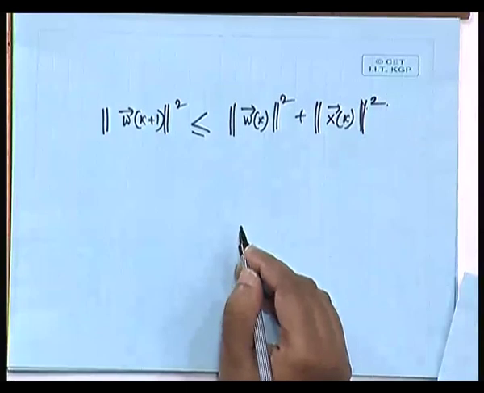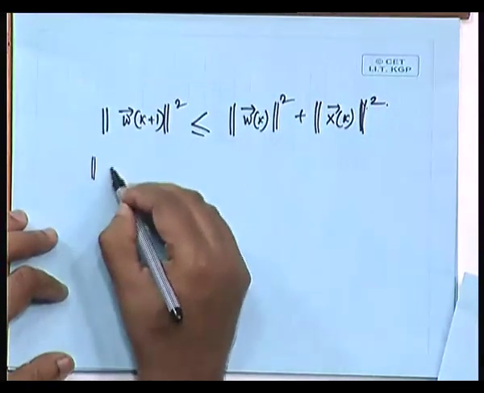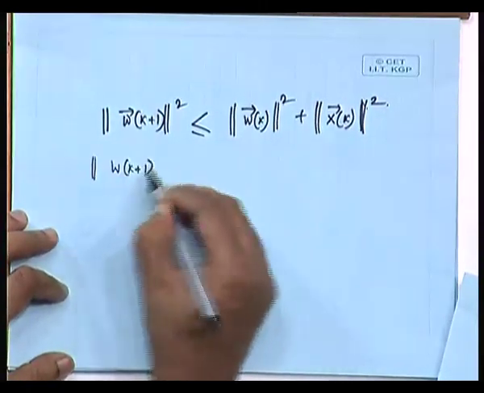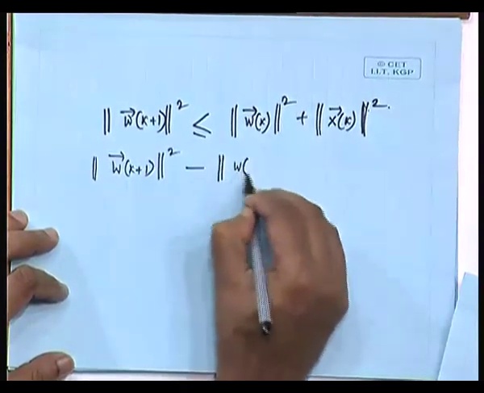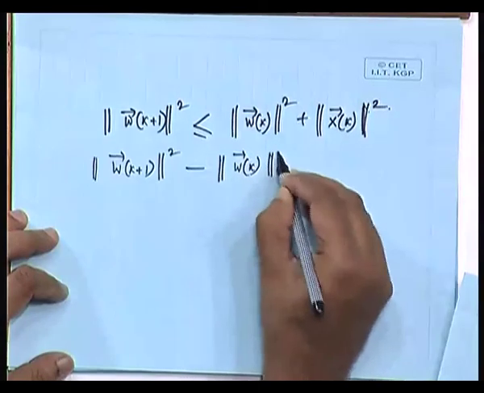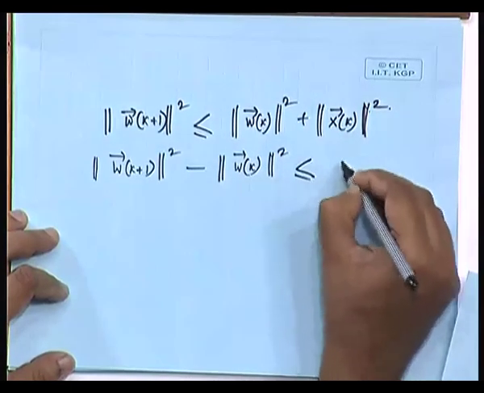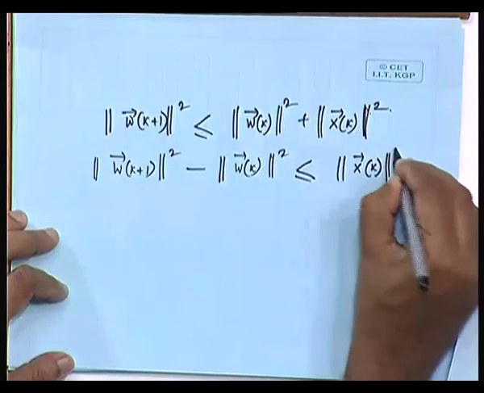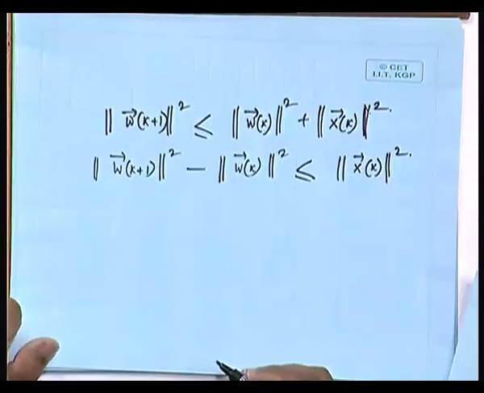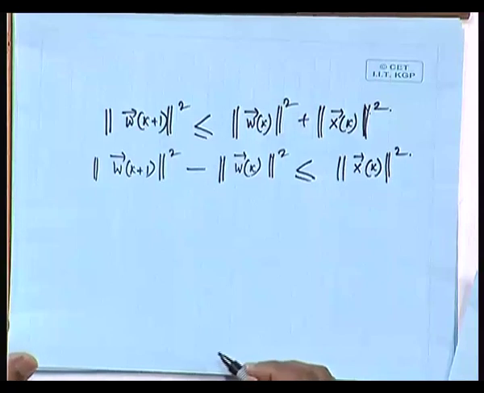right? Or equivalently we can say that Wk plus 1 square minus Wk square is less than or equal to xk square. Now, this is a very interesting expression.